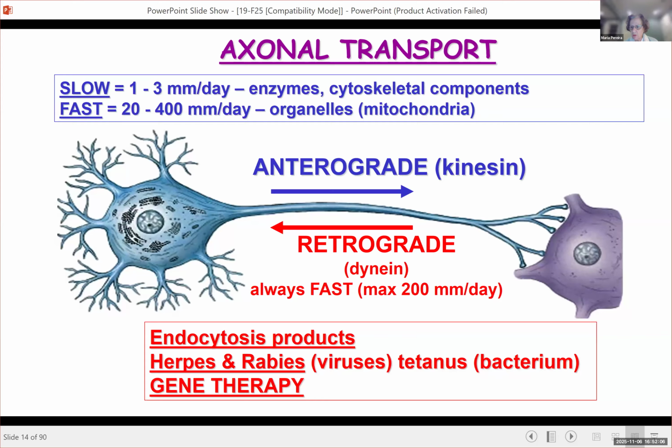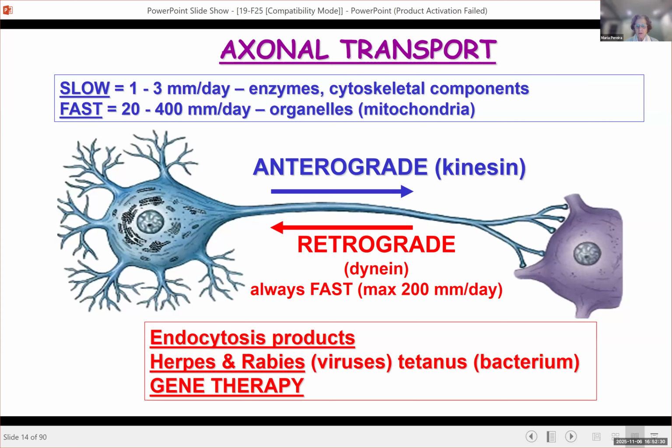There are proteins that we call motors. Motors, they're like the cars. They carry cargo either from the cell body to the axon terminal or from the axon terminal back to the cell body. So these proteins are known as motors. If they're motors, you can imagine they require a lot of ATP.